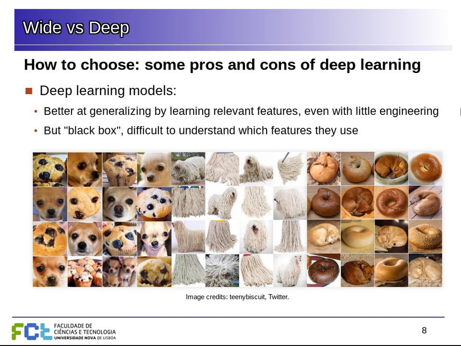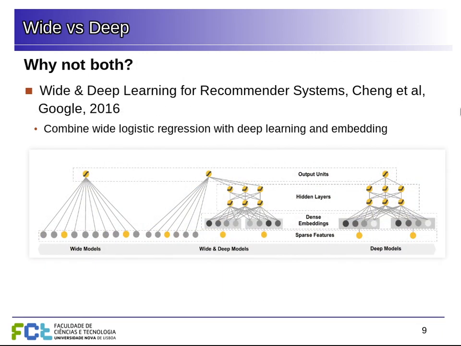So it's very hard to interpret what exactly is going wrong there for the network to make that confusion. So this is a problem with deep models. They are much harder to interpret. But on the other hand, they allow us greater flexibility to find these patterns in the data.